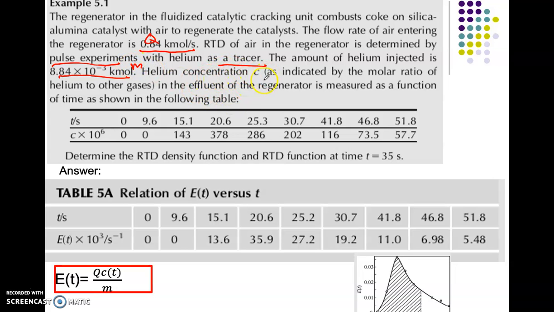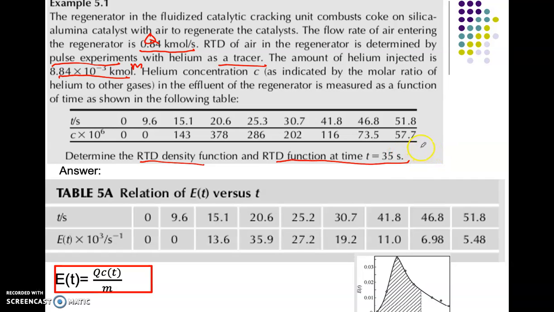Helium concentration C, as indicated by the molar ratio of helium to other gases in the effluent of the regenerator, is measured as a function of time, as shown in this table. They inject at time 0, and this is the recorded data. The question wants you to determine the RTD density function, the RTD function at time t equals 35 seconds.